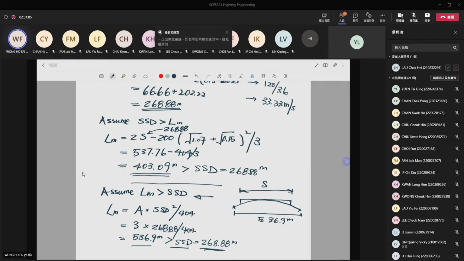So the vehicle has to go inside the vertical curve, and the vertical curve can provide enough sight distance, which is equal to the SSD. You know what I mean? So the length of the vertical curve should provide enough SSD.